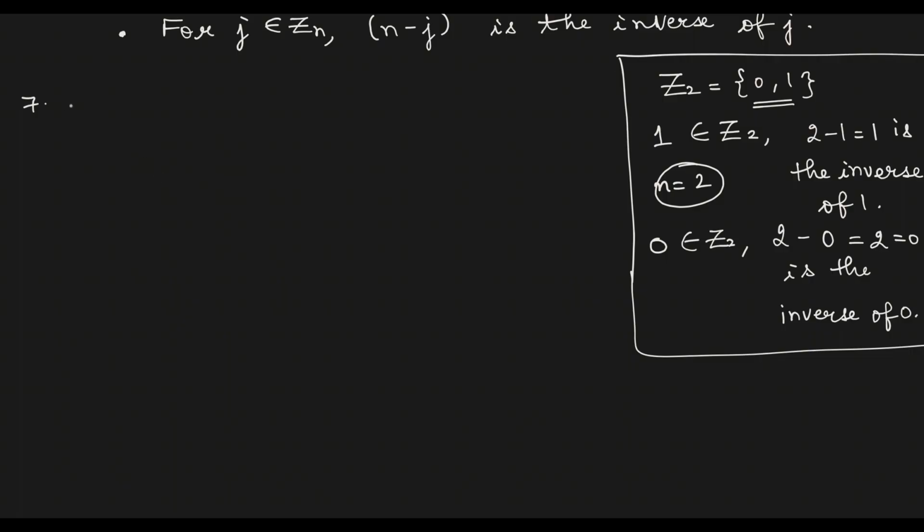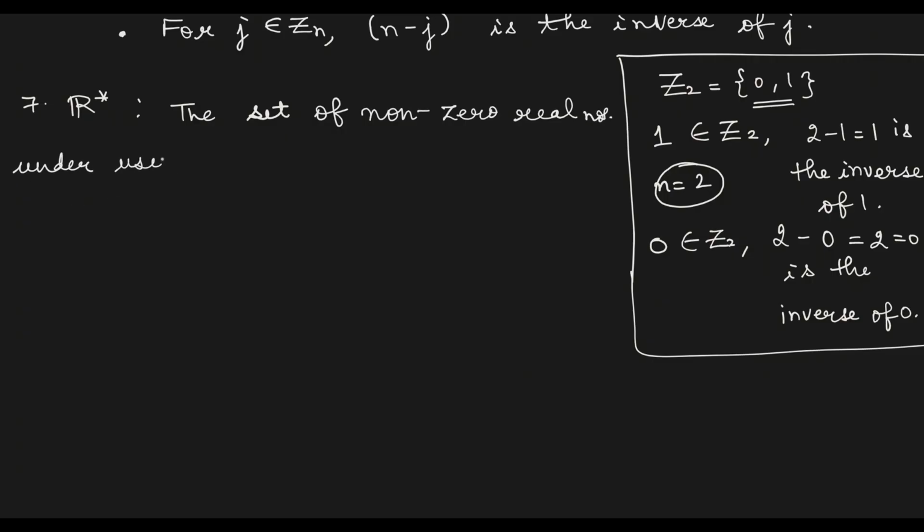Next, R star. R star is the set of non-zero rational numbers. Sorry, the set of non-zero real numbers under usual multiplication is a group.